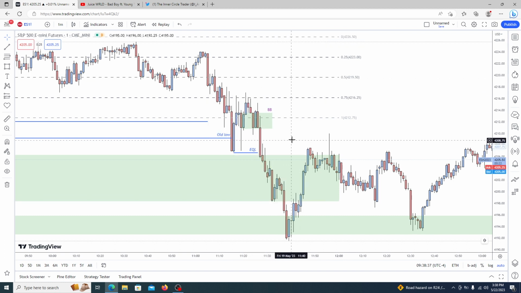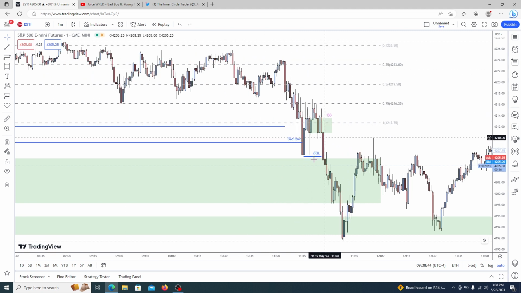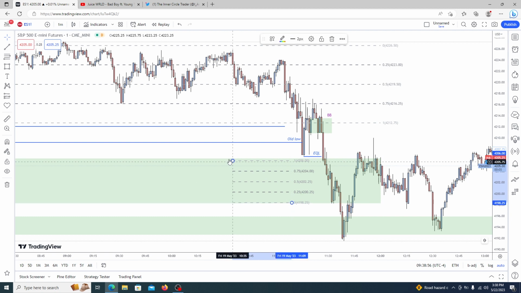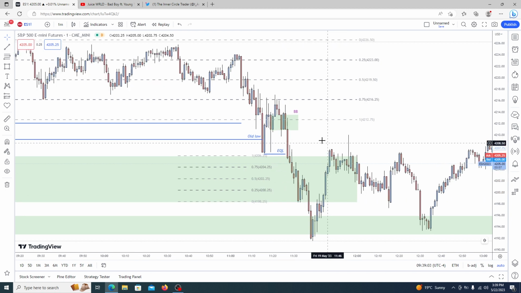So with that idea in mind, this breaker block idea, targeting these fair value gaps, obviously we could take these fair value gaps and divide them in quadrants, and we could then be targeting the high, the mid, and the lower quadrant of this fair value gap.